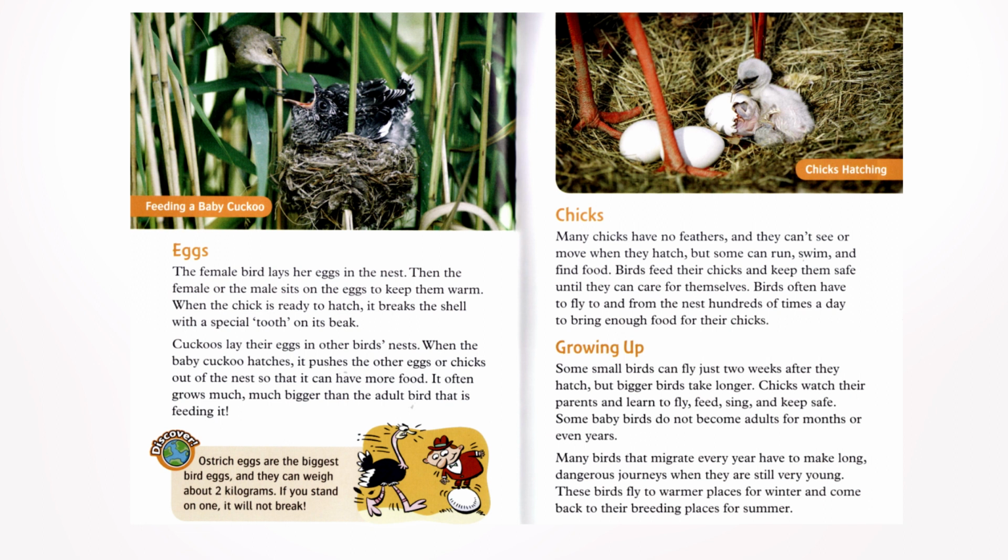Some baby birds do not become adults for months or even years. Many birds that migrate every year have to make long, dangerous journeys when they are still very young. These birds fly to warmer places for winter and come back to their breeding places for summer.